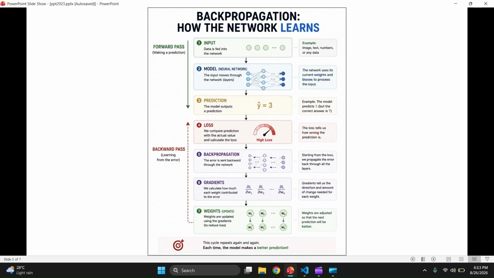So that's how I remember it: the forward pass makes a prediction, the loss measures the mistake, and backpropagation calculates how the parameters affect that mistake. The gradient gives us the information we need to update them, and once we have those gradients we can update the parameters.